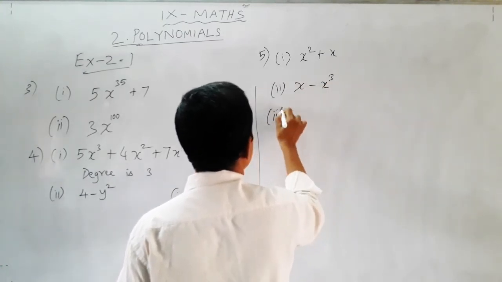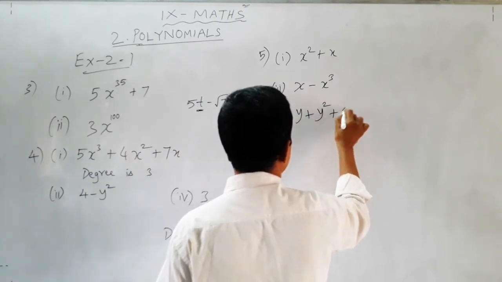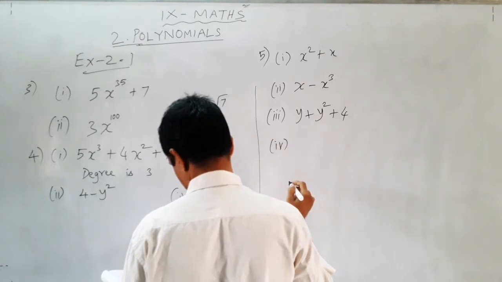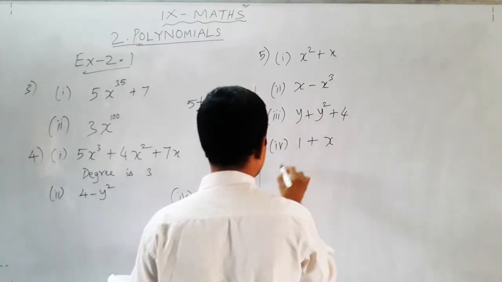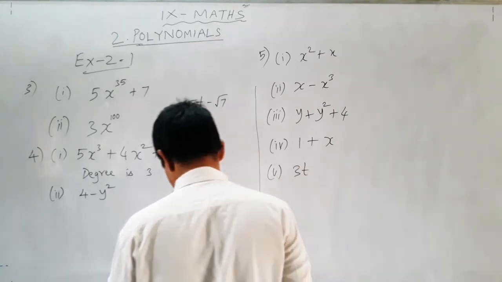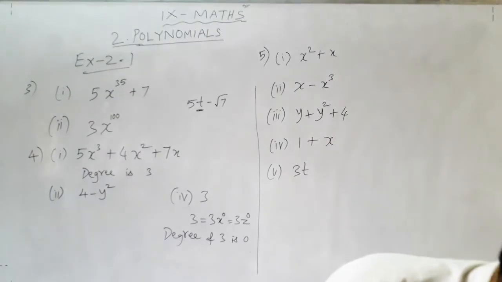Option 3, y plus y square plus 4. Then option 4, 1 plus x. Option 5, 3t. Options 6 and 7 you do by yourself, but here up to 5.